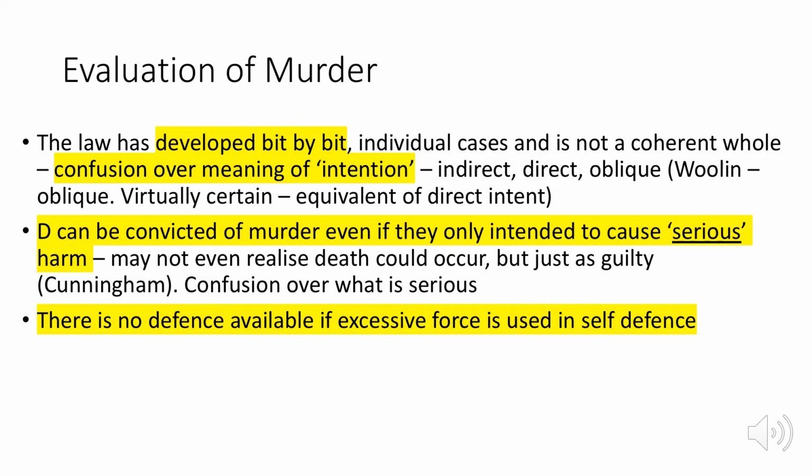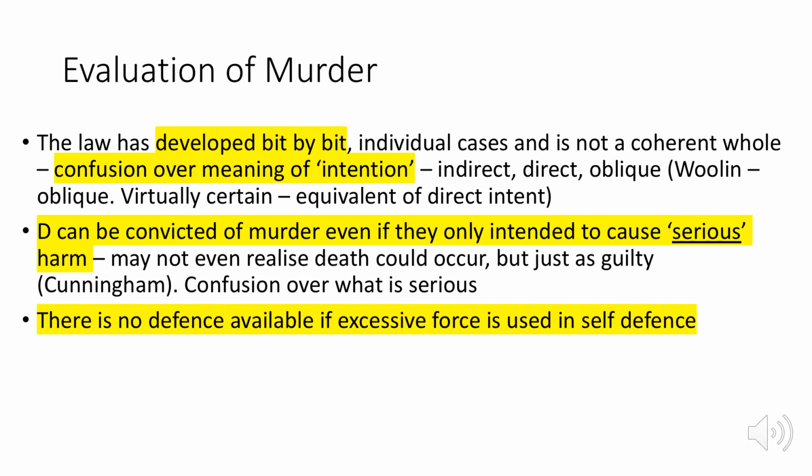Moving on to the evaluation of murder, the law has developed bit by bit, so individual cases, and it's not a coherent whole. There's a lot of confusion over the meaning of intention. For example, indirect, direct, oblique.